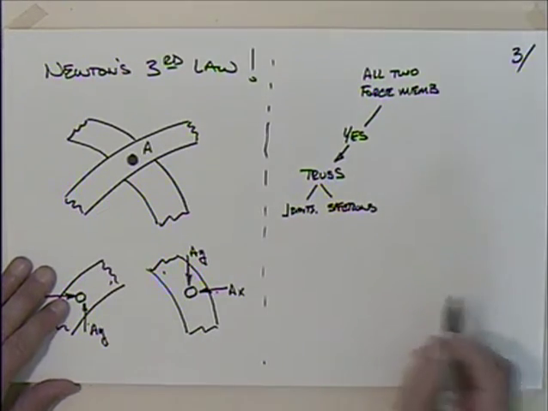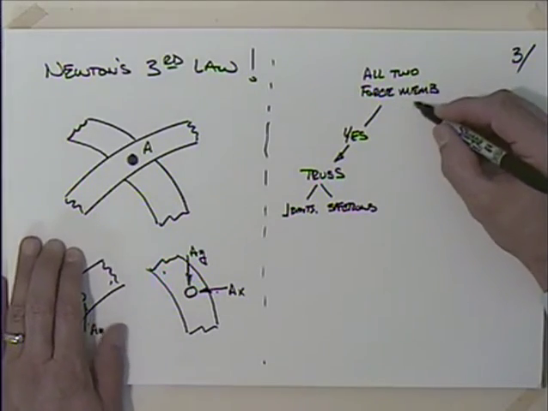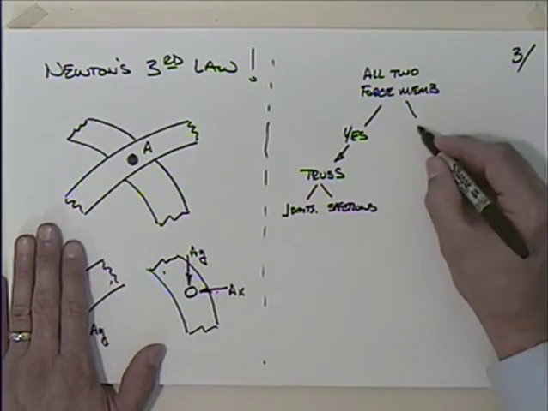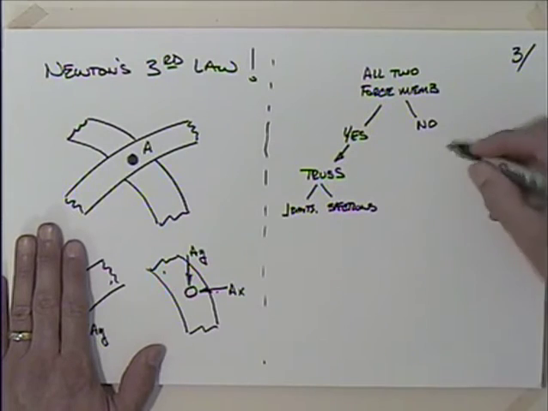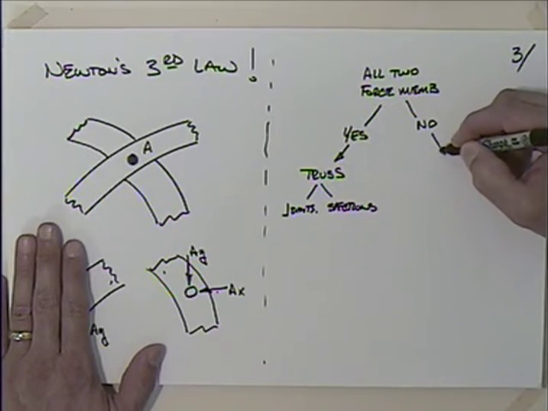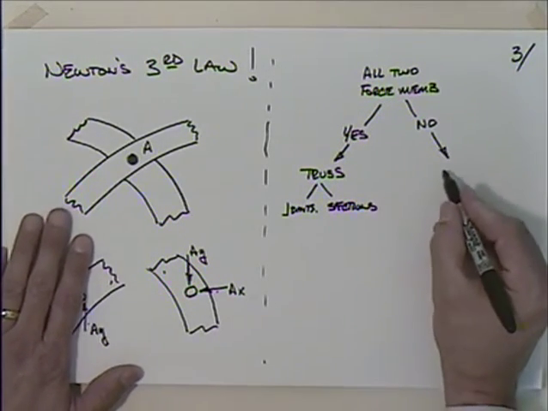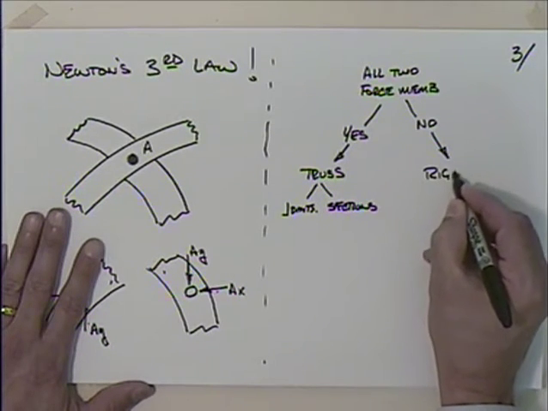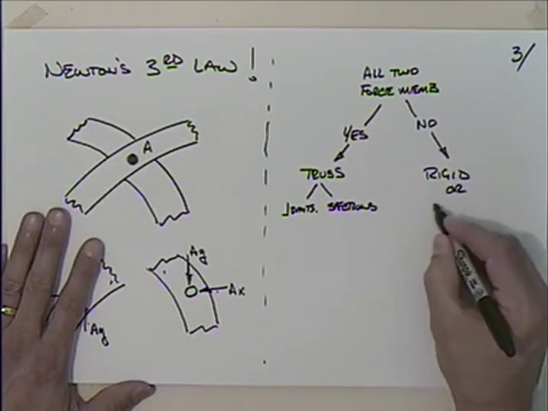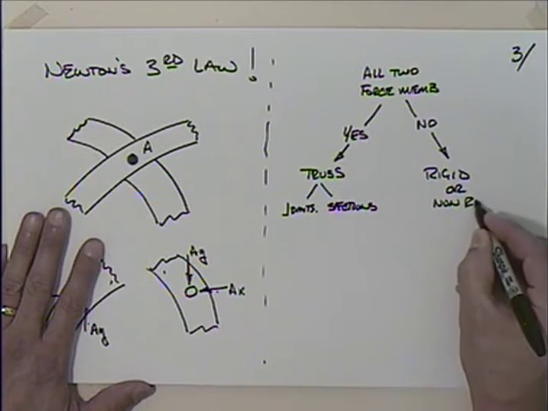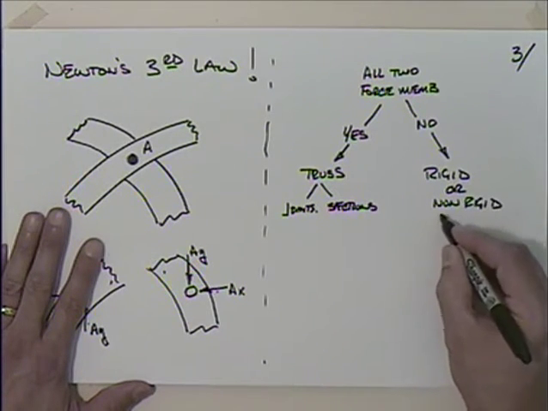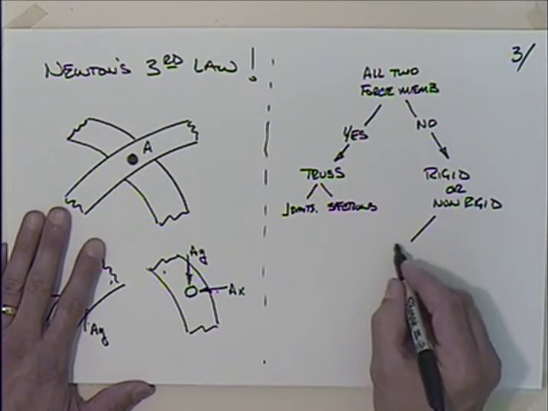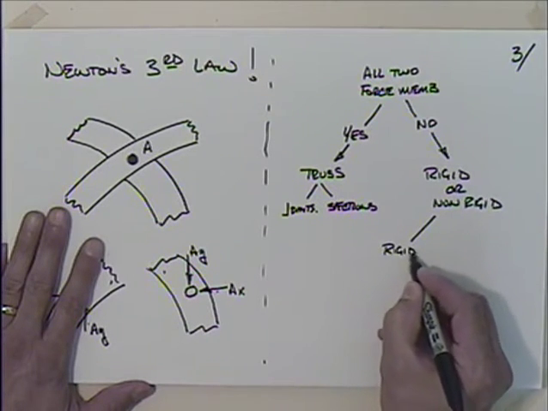Okay, and if it fails the test here, so if it is no, that means it's got one or more non-two force members. Then we ask the question, is it rigid or non-rigid? And if it is rigid, what do we do?